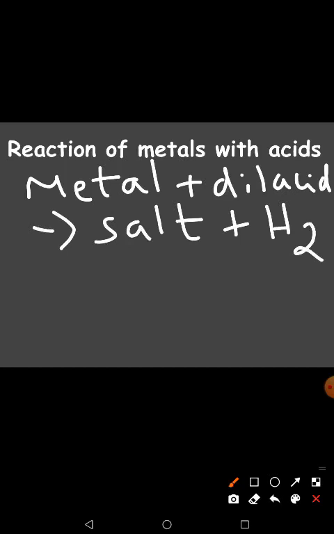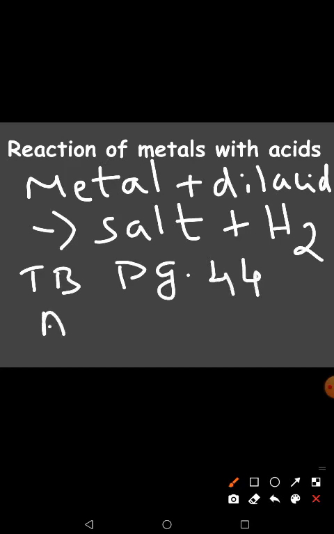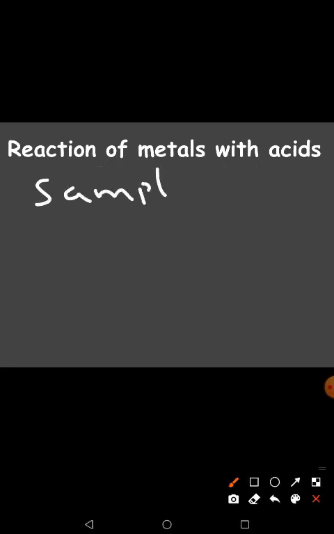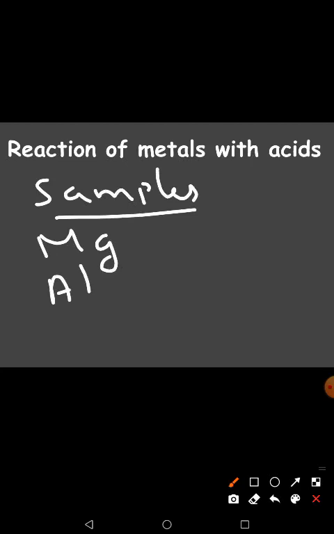Now let's begin with an activity given in your textbook, page number 44, activity number 3.1. In that it is said that you have to take samples of metals like magnesium, aluminium, zinc, iron and copper.